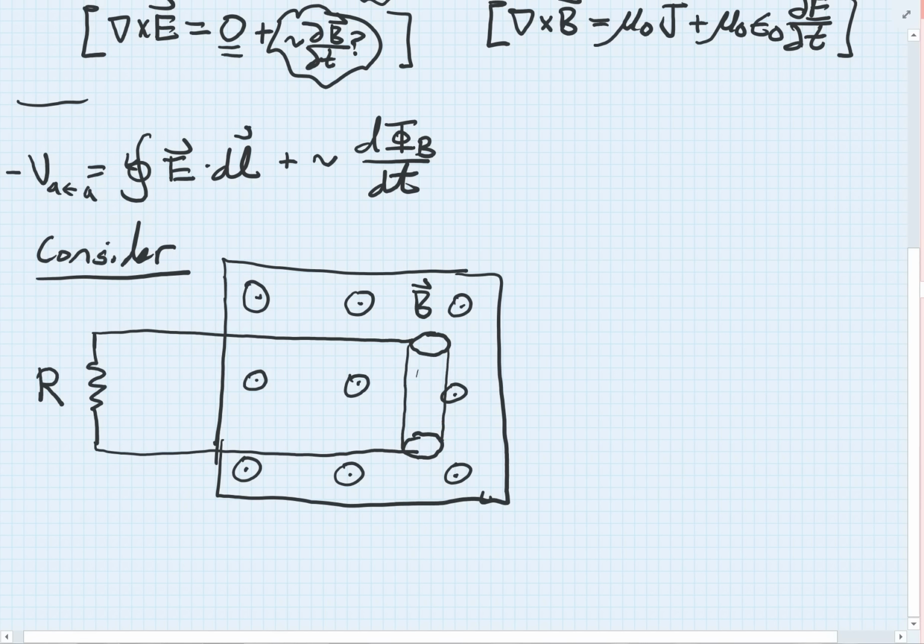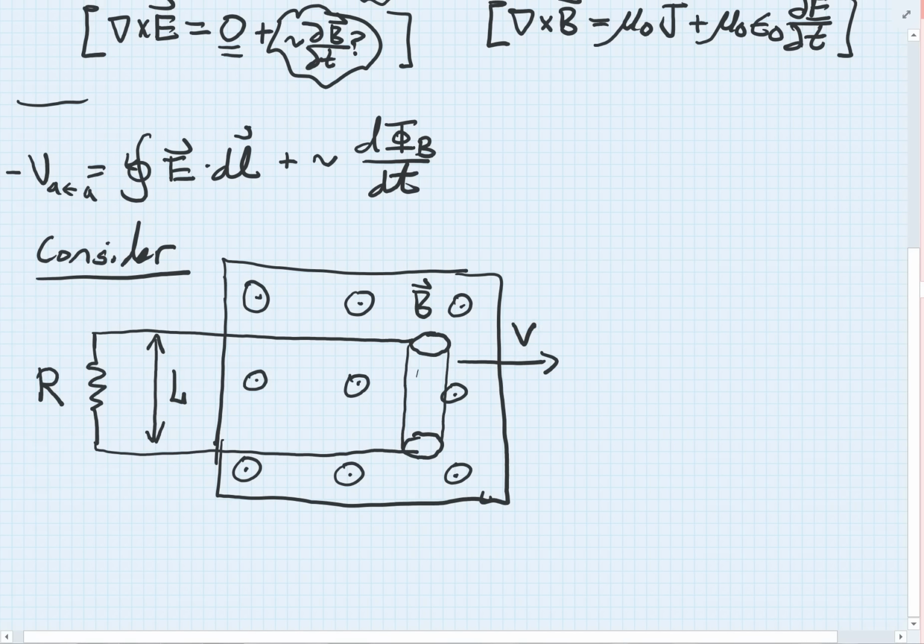And I'm going to give parameters here to describe my loop. The width of the loop here I'm going to call L, and the velocity that this whole thing is moving along, the whole thing is traveling off in this direction with a given velocity, which I will call V.